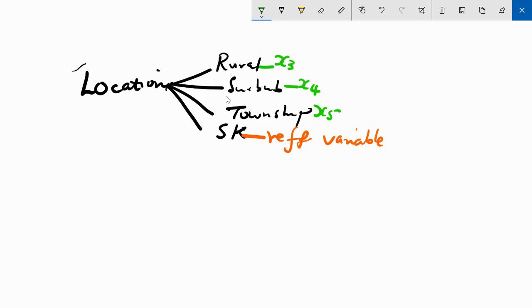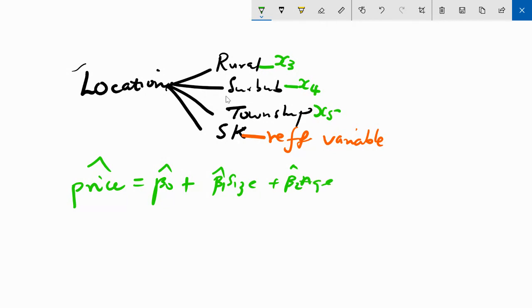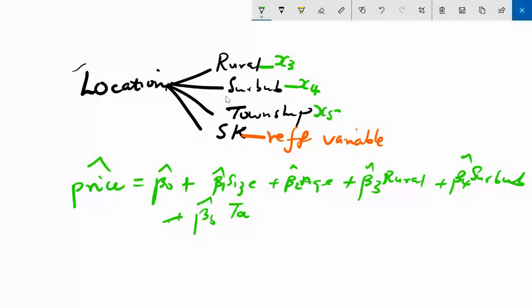So now our model starts with price equal to B0 plus B1 size plus B2 age plus B3 rural plus B4 suburb plus B5 township.